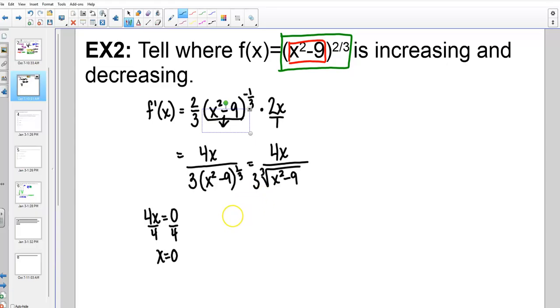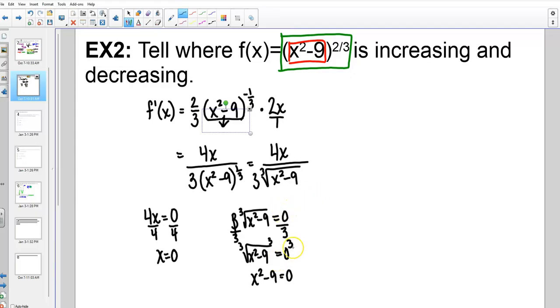And then the other one, we got 3 times the cube root of x squared minus 9 equals 0. So you're going to do a bunch of stuff that just keeps giving you 0. You're going to divide by 3. Now you got the cube root of x squared minus 9 equals 0. Then you need to cube both sides. Now you got x squared minus 9 equals 0.